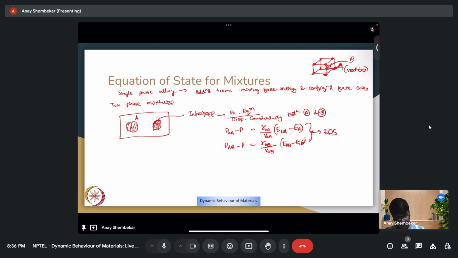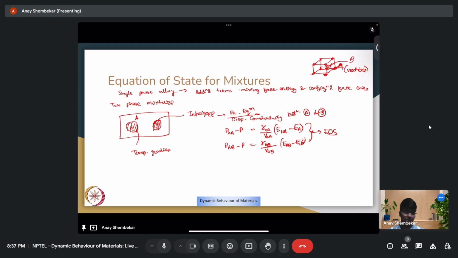I have pressure equilibrium, so whatever Hugoniot state A achieves and B achieves, they will both have the same pressure. Again, this is a complex scenario. Normally, you would also have temperature gradients around the interface. We have not taken those into account.